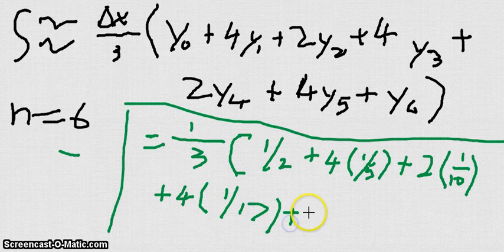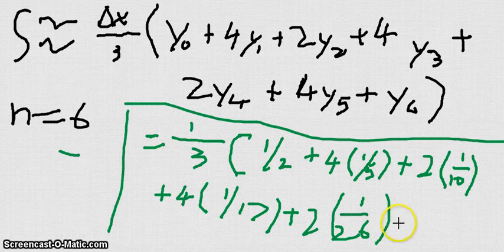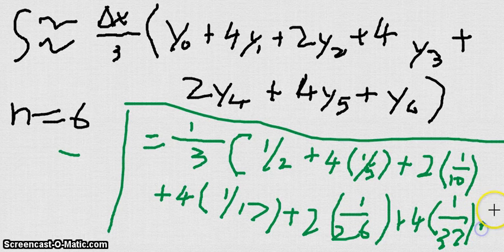Then after that we do the same thing, multiply by 2 over 26, plus 4 multiplied by 1 over 37, and lastly plus 1 over 50.